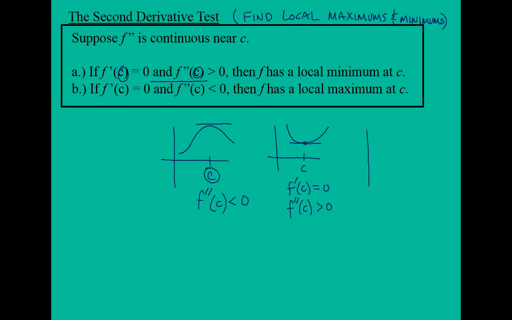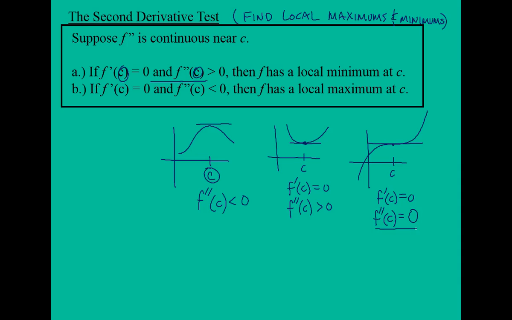And you may be asking, what if we have something like this? Now, here f prime of c would equal 0, because the slope of the tangent line here would be 0. However, if we plug this into the second derivative, we're most likely going to get a value of 0, so the second derivative test fails at this point.